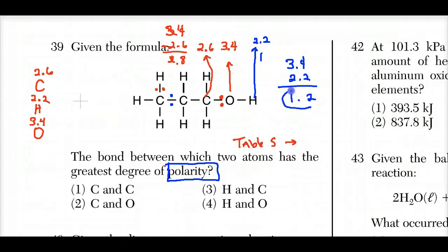So the greater difference, 1.2 here or the 0.8 here, clearly they're sharing electrons even more unevenly between these two because the difference of their strength for attracting electrons is much greater. So this pair is shared even more unequally, creating more disparity of charges, or polarity. This is almost positive, almost negative. So the O to H bond has the greater difference in electronegativity.